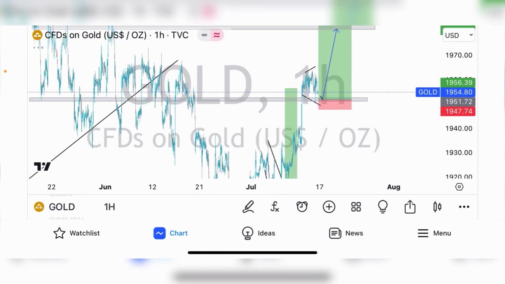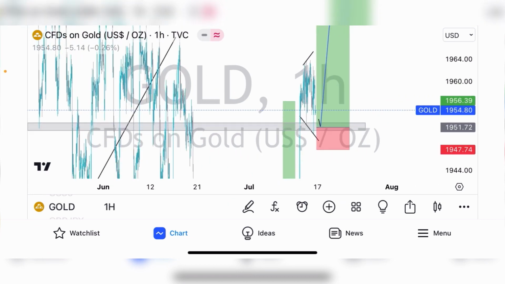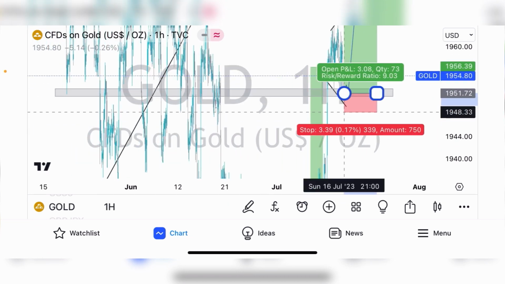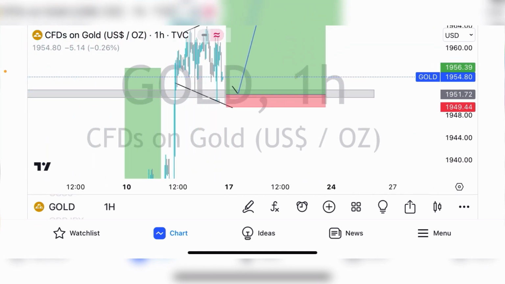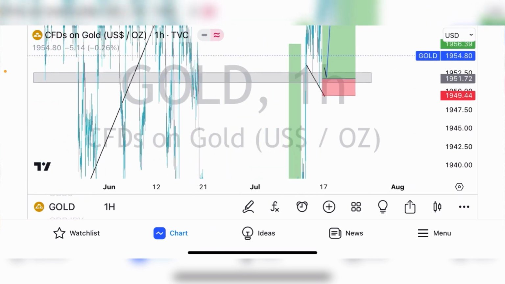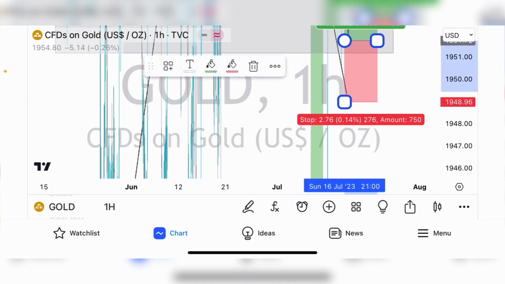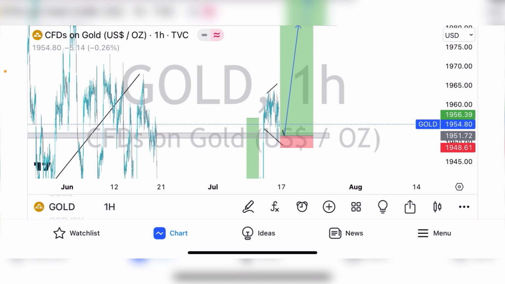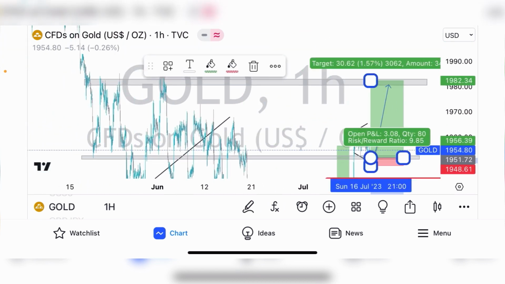And if this happens to play out the way we are trying to enter it, we are going to be getting a huge return on this trade.